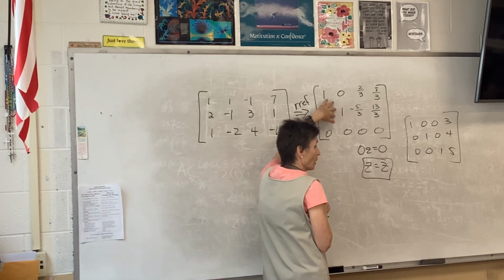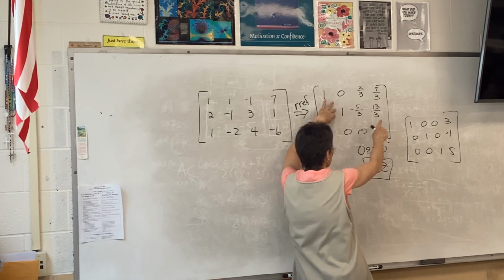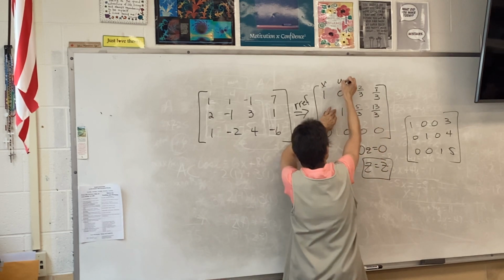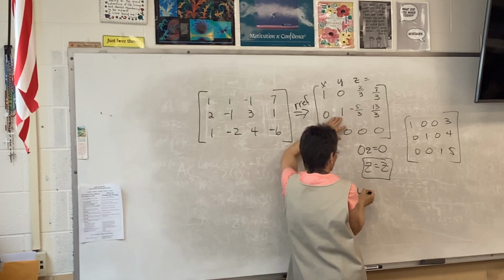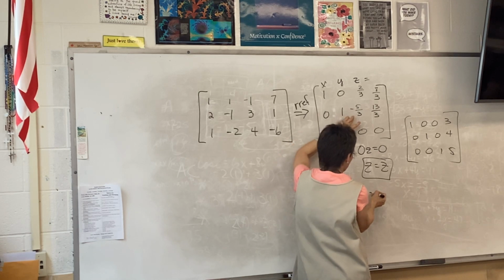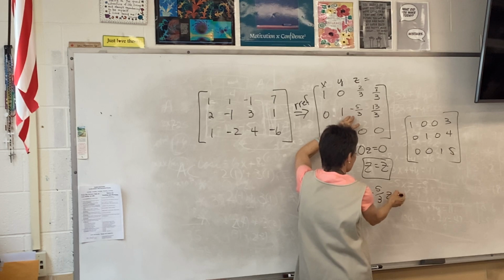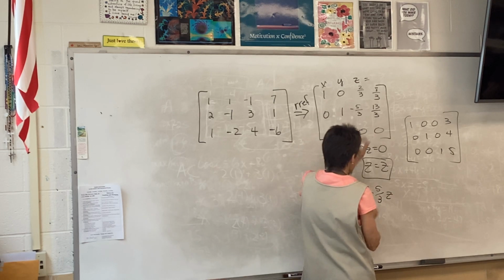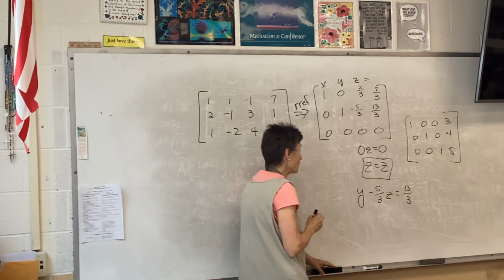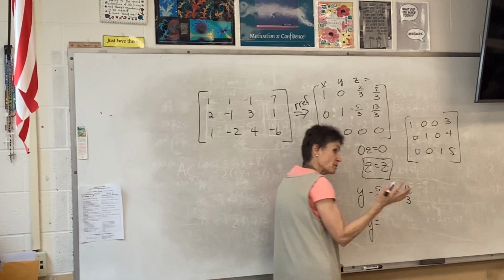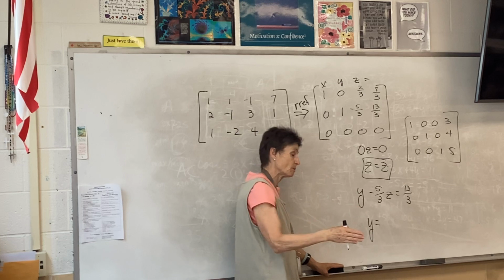Now, if we back up a row, what does that row say? Now remember, these columns are variables. So what does this say? y minus 5/3 z equals 13/3. Now I want to know what y equals. That's my job. Find x equals, y equals, z equals.